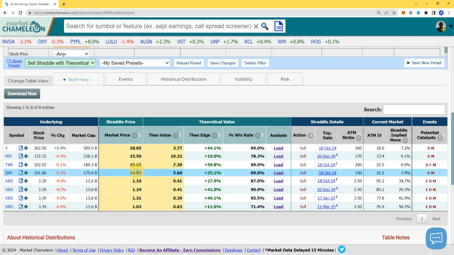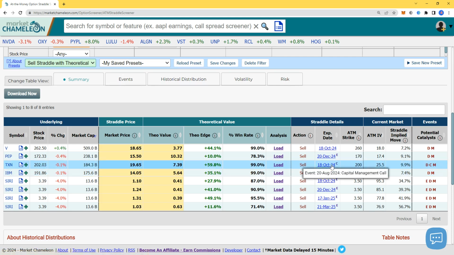IBM right here, 1,400. They just posted earning a few days ago. $1,400 compared to 564 and 99% winner. This is kind of crazy. Also for October. There's no events in here, and in here it tells you for Texas Instruments, August 20 capital management call.